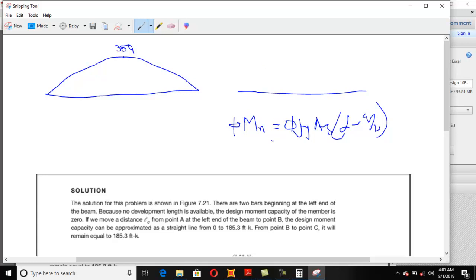Now basically at the support, as we see, the moment is 0, but at the mid span the moment is maximum. So the same criteria works here.